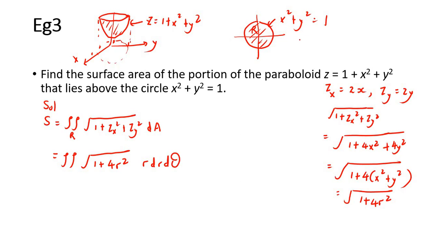So r in this case is 0 to 1. It's a full circle, they didn't say it is in the first octant, so theta goes from 0 to 2 pi. So we just evaluate this double integral in polar coordinates.